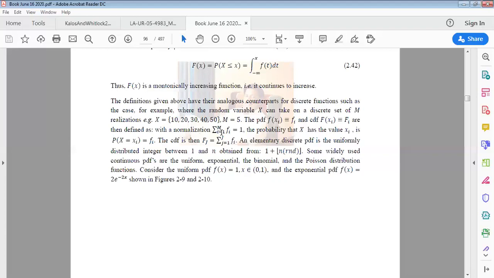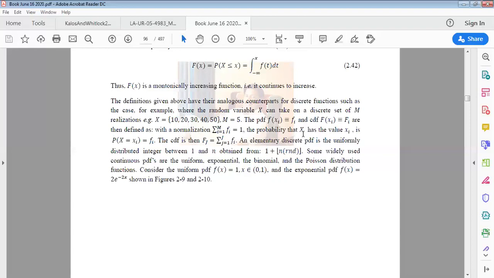And the normalization is that if I say what is the probability of finding a situation where there are 50 or less cars? Well, it's everything. So the probability is 100% or 1 that you find a situation where you have less than or equal to 50 cars.